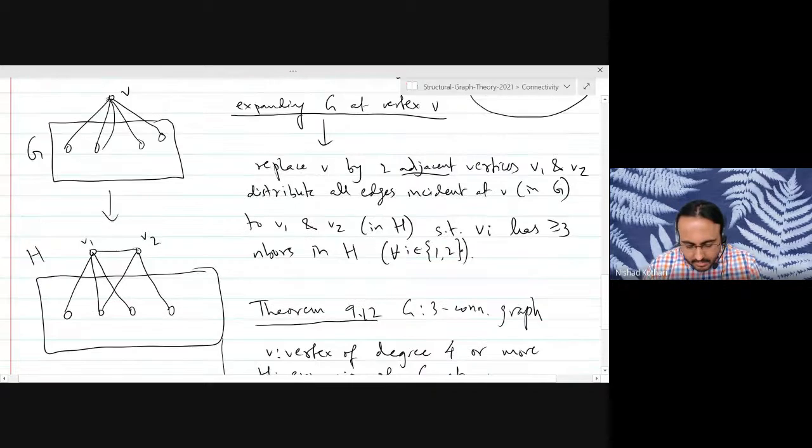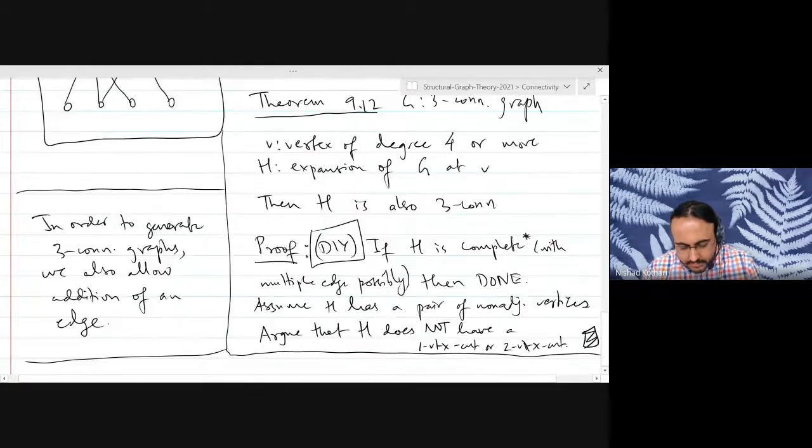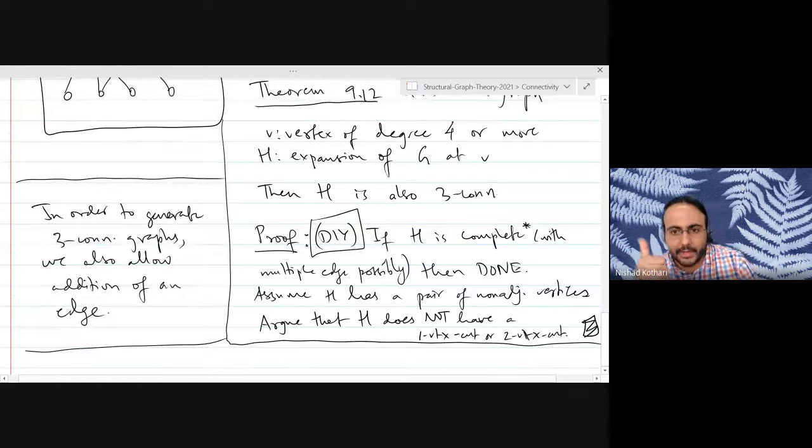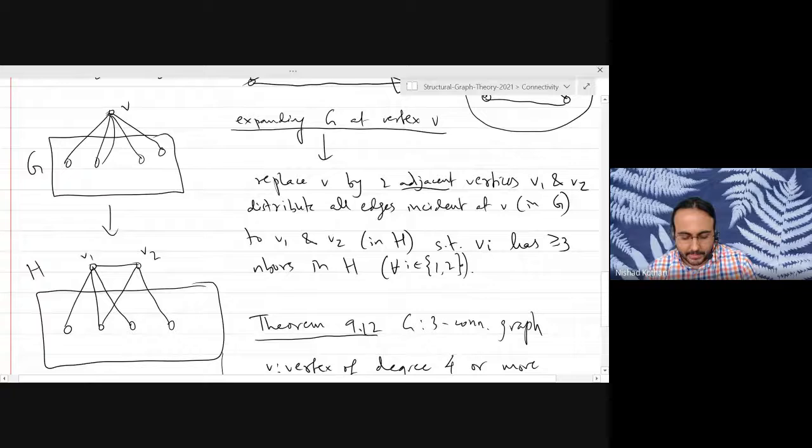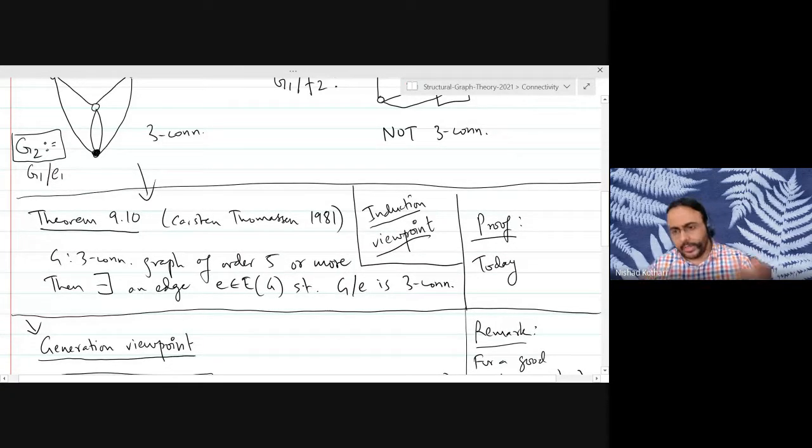So in order to construct the graphs, we will allow expansion of a vertex and we will allow adding an edge. You can do the same in the reverse direction. You can either allow contraction of an edge and you can also allow deletion of an edge so long as your 3 connectivity is preserved. But we will prove the stronger statement which says that you don't need to delete edges if you like.